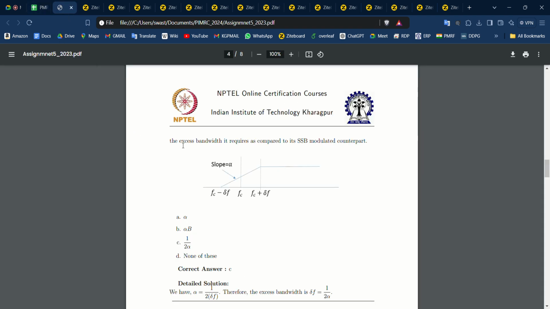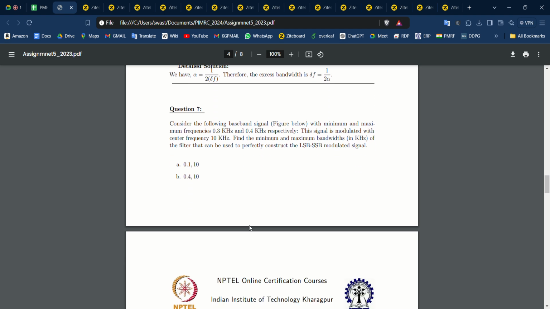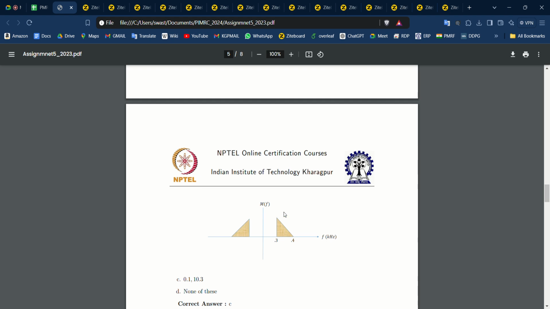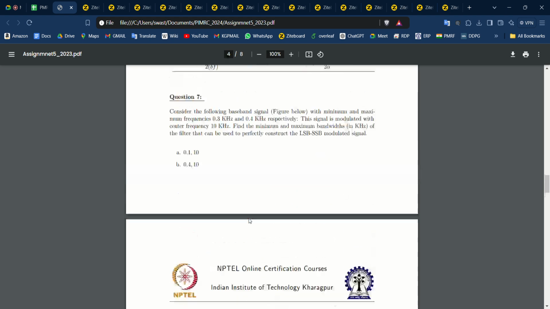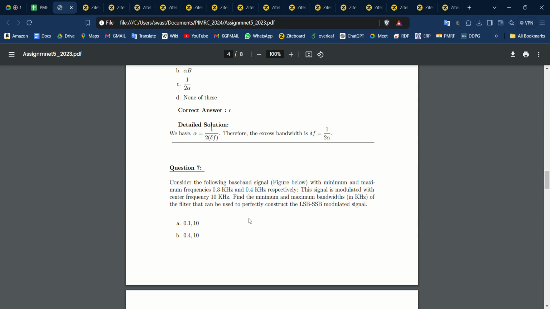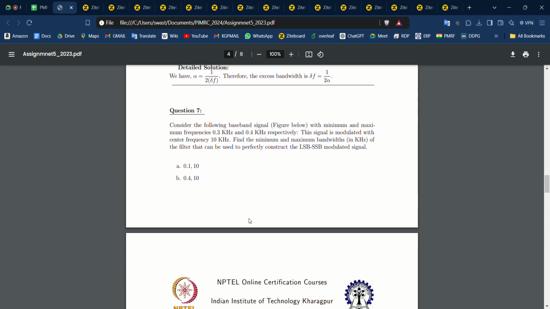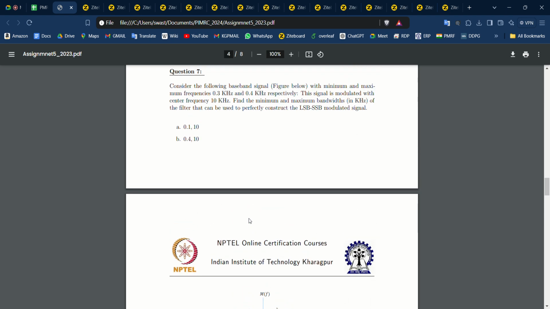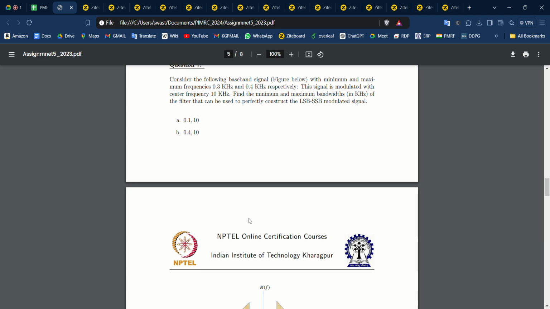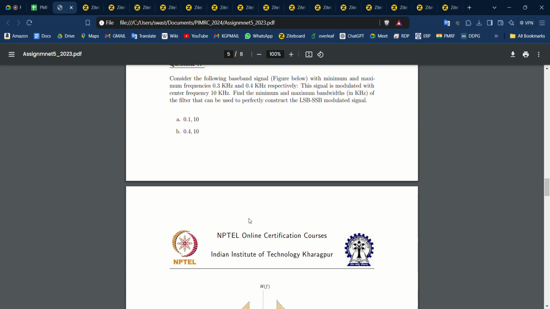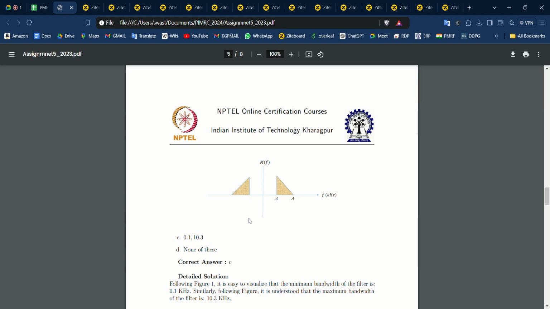Now let's go to question 7. Consider the following baseband signal, the figure is given below. From 0.3 to 0.4 there is a triangle, with minimum and maximum frequencies of 0.3 kilohertz and 0.4 kilohertz. The signal is modulated with center frequency 10 kilohertz. Find the minimum and maximum bandwidths of the filter that can be used to perfectly construct the LSB SSB, or lower sideband modulated signal.